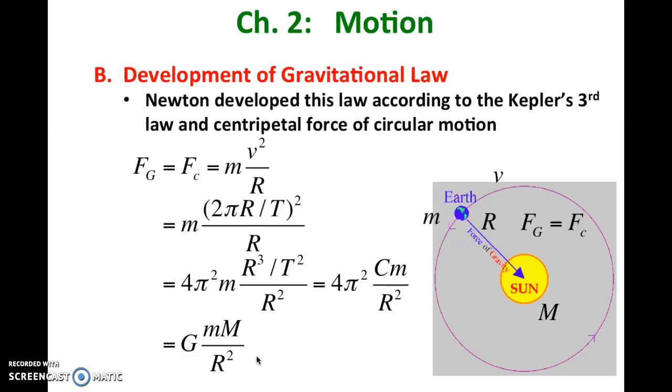Replacing the speed of the Earth by the circle perimeter divided by the period and applying Kepler's third law, one can derive, as Newton did in 1687, the gravitational law: Fg equals G m M over r squared.